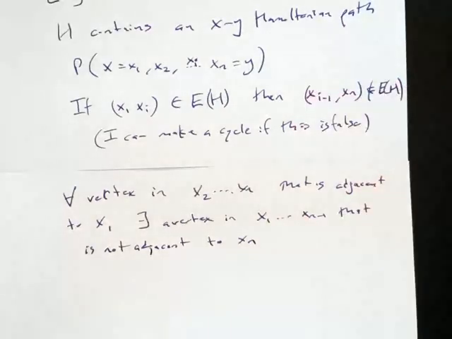That's our xi up in that sentence up there. For each one that is adjacent to the first one, there must be a corresponding one that's not adjacent to the last one. It might be different for each of them.